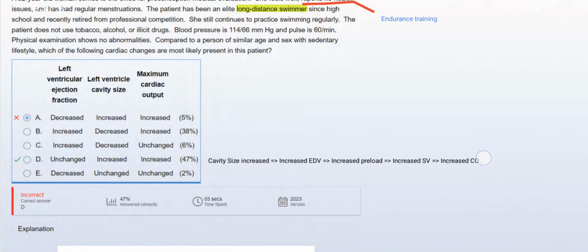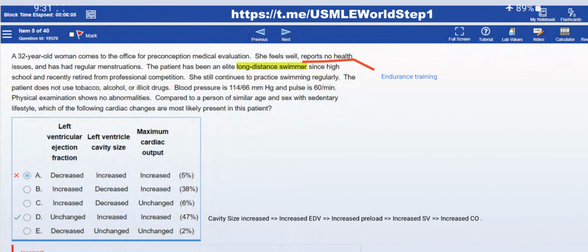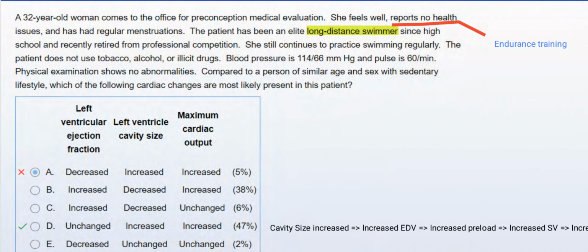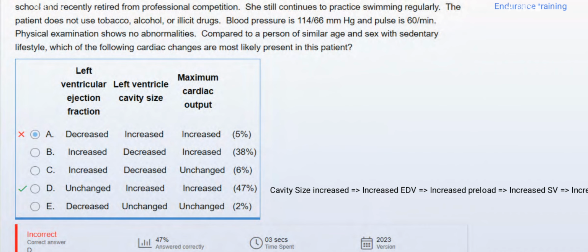So what will happen is we will see the characteristics that these guys have: unchanged left ventricular ejection fraction. With that, the left ventricle cavity size is increased, right? And the cardiac output is also increased.